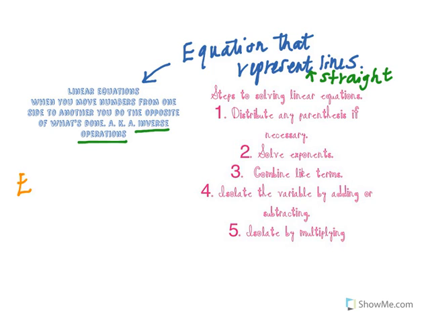Okay, an example of this would be u minus 9 equals negative 7u plus 7.